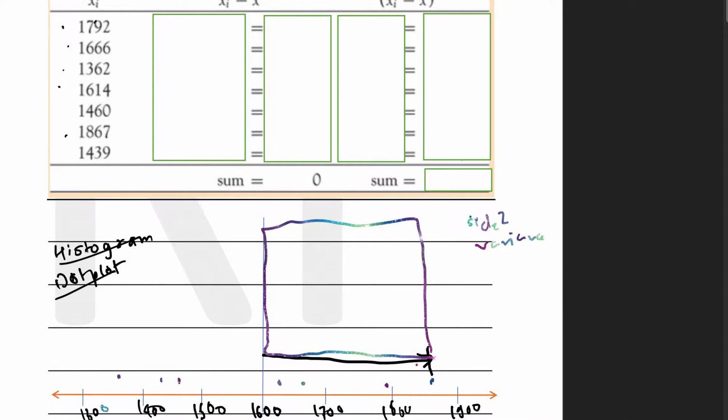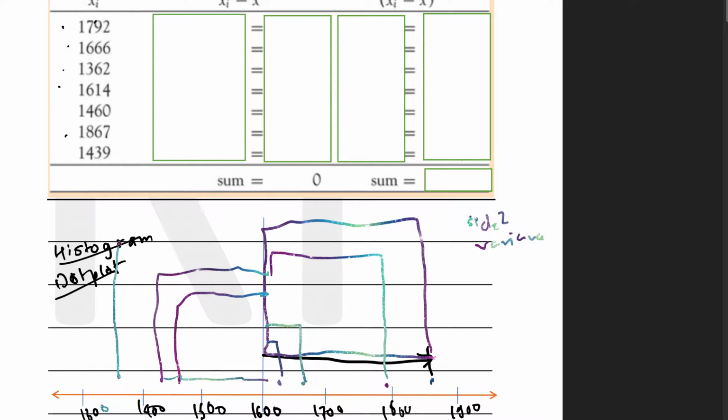And if you create similar squares for each of the data points, for this data point it's going to be somewhere here, for this data point something like this, and so on. That is how you're going to get the areas covered by these data points, which is going to give you the variance, right? But the problem with the variance is that the variance unit is in squared terms.